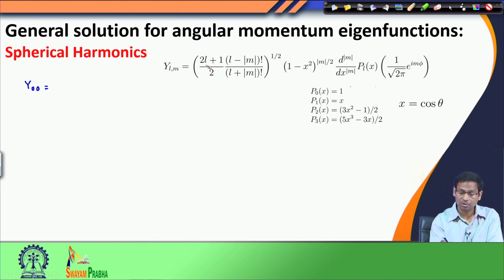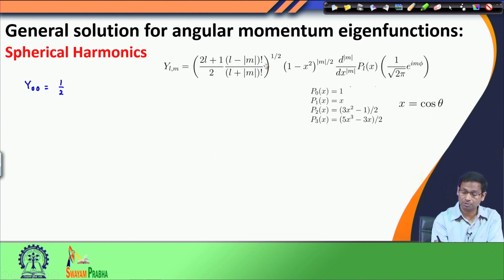When L is 0 and m is 0, you can see 2L plus 1 here is 1, so 1 over 2, and L minus m, this is the absolute value of m. So, L is 0, m is 0. So, 0 minus 0 is 0, but you have to obtain the factorial of this term. Factorial of 0 is 1, and similarly here 0 plus 0 and its factorial is again 1.